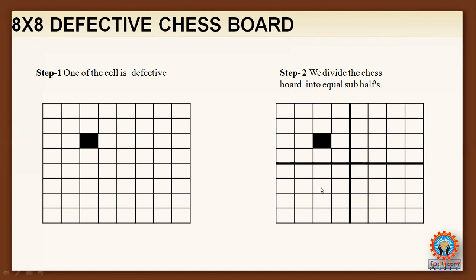Hence, we need to artificially introduce defective squares here. Remember, we need to artificially introduce defective squares here. Then only will we be able to solve the problem. If we do not introduce artificially created defective square cells in the remaining three 4 by 4 chessboards, it is not possible to solve the problem.